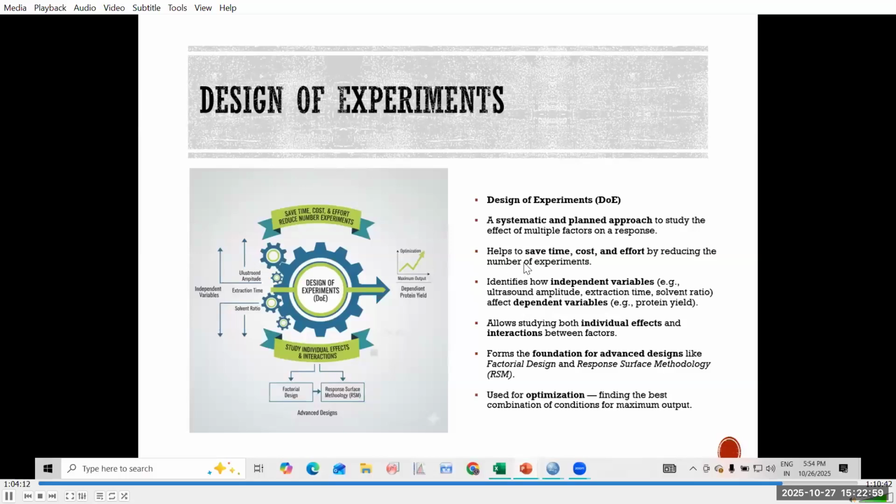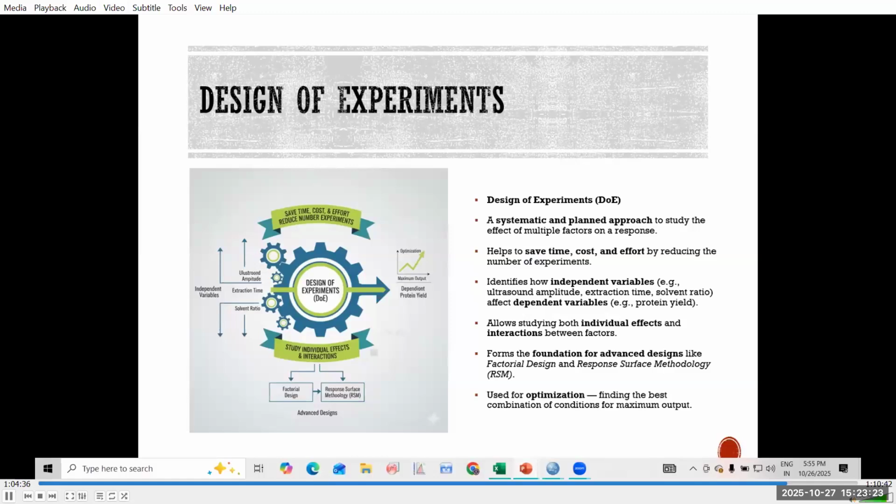Now, a common type of design of experiment is the factorial design, where we test all possible combinations of factors. That helps us understand not only the individual effects, but also how two or more factors interact. As we have already seen in two-way ANOVA, I clicked on the full factorial design.